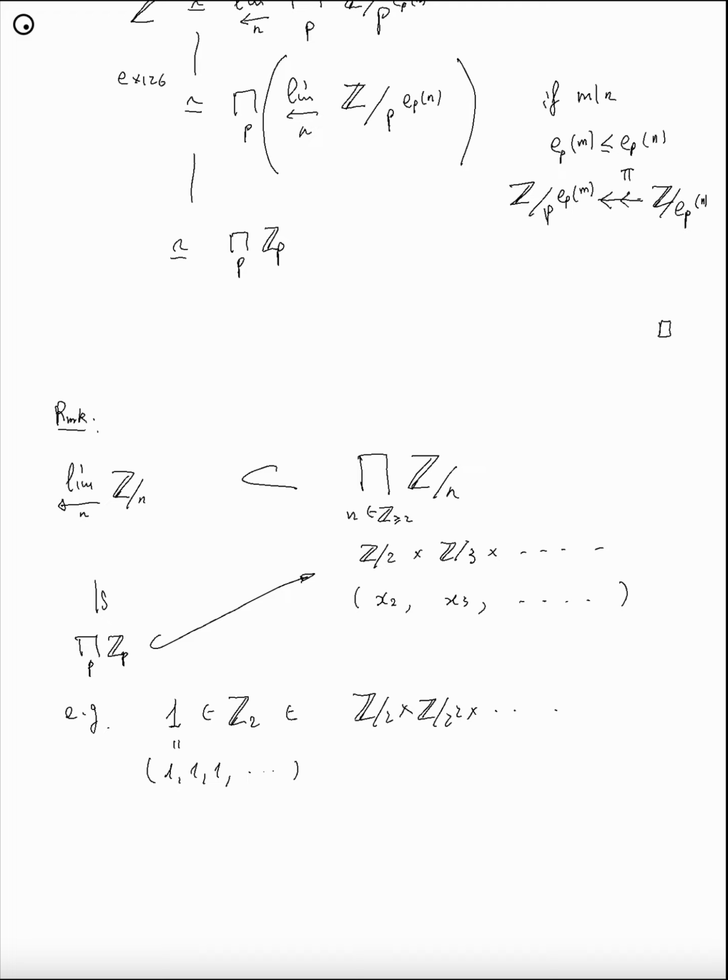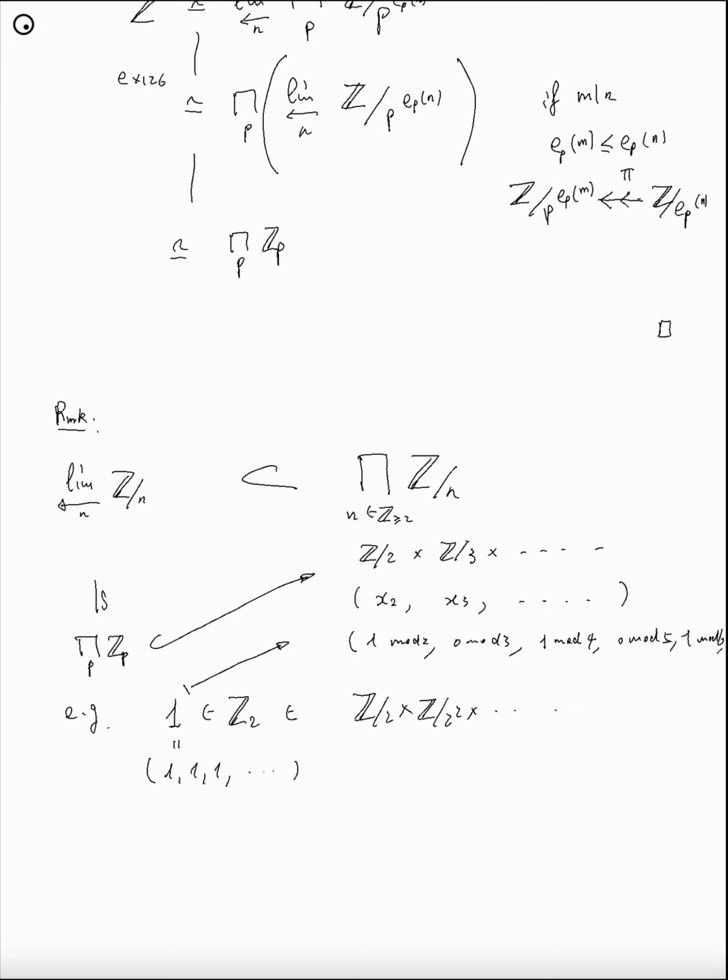The point is that this should be mapped to: to be more precise, let me write 1 mod 2, 0 mod 3, 1 mod 4, 0 mod 5, and then 1 mod 6.